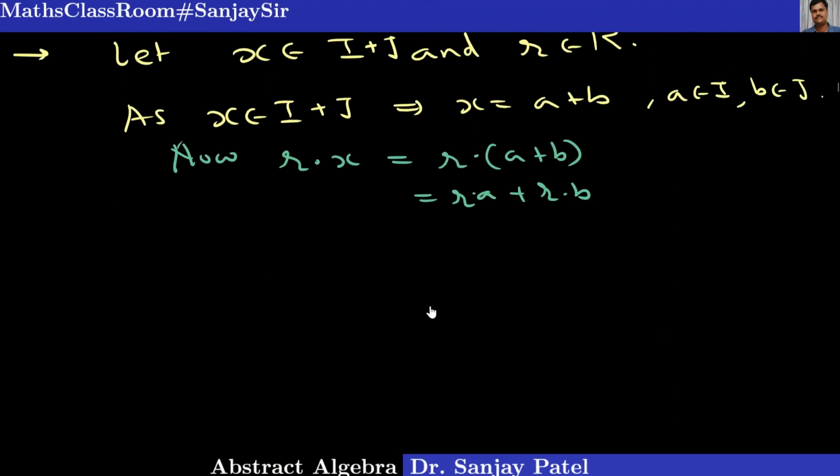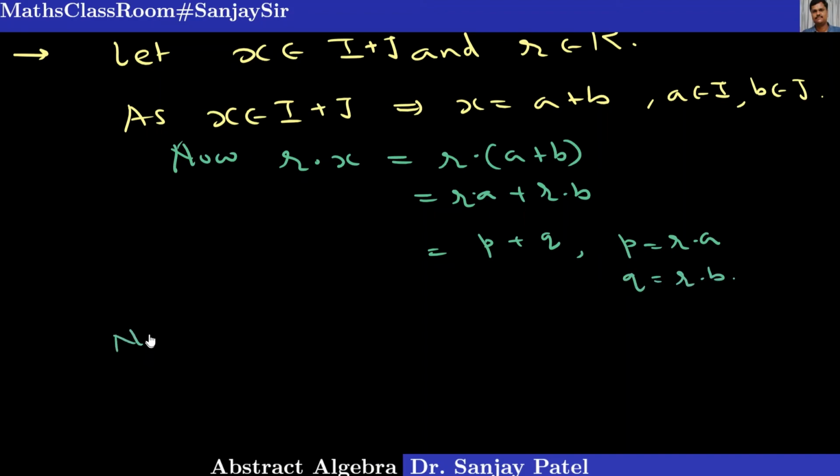Remember, everything here finally consists of elements of the original ring R. So r into x is of the form p plus q, where p is equal to r into a, and q is equal to r into b.